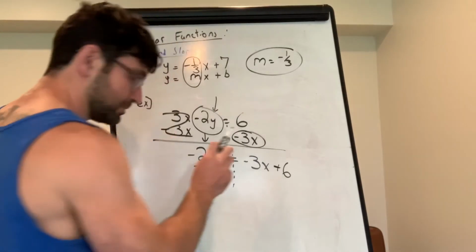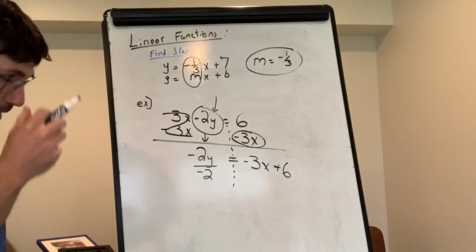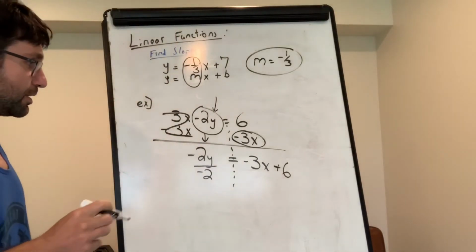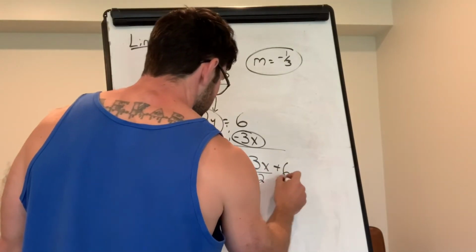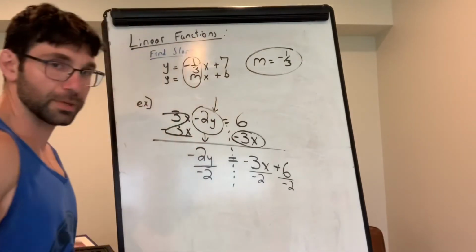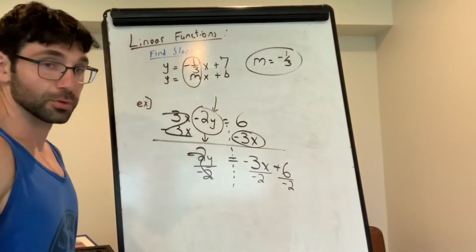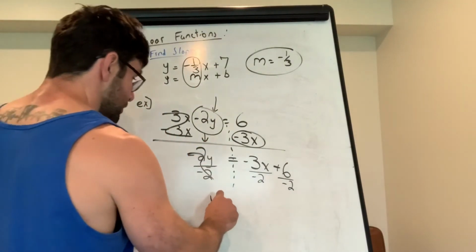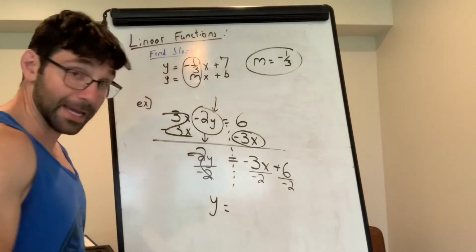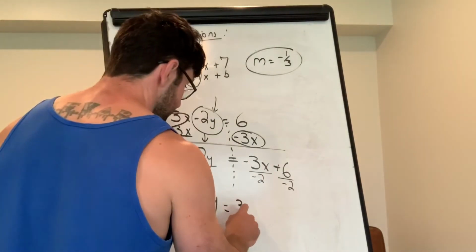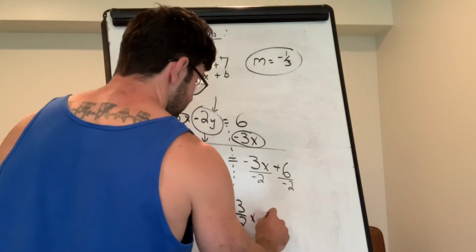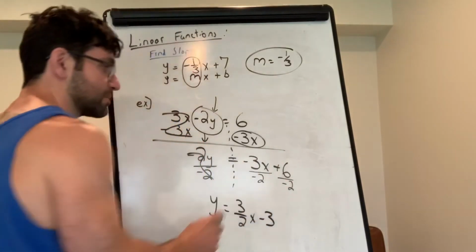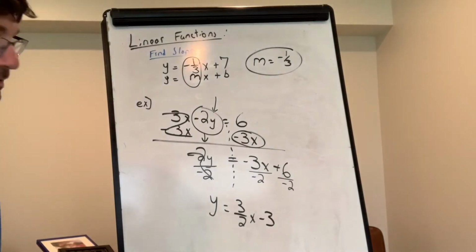And this is where I showed you in that literal equations video that we're not dividing the whole thing by -2. We're dividing each individual term by -2. And this is where it's important. -2 divided by -2 is positive 1y. -3 divided by -2 is positive 3/2 x minus 3. Where'd you get minus 3 from, Mr. H? Positive 6 divided by -2.